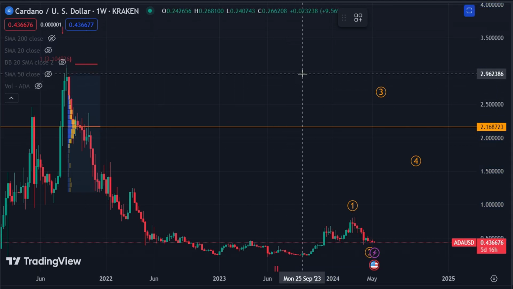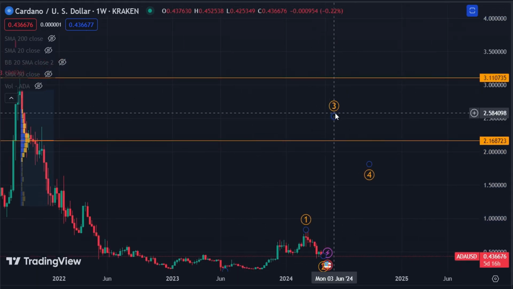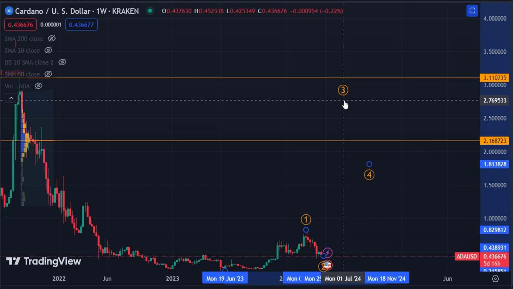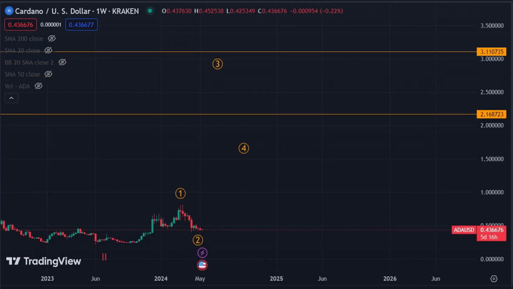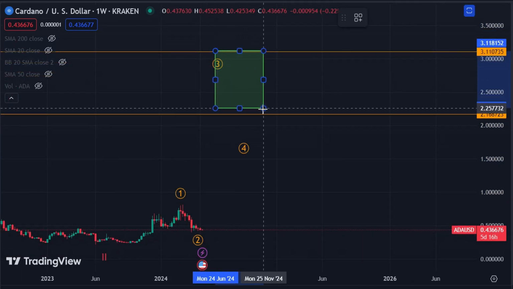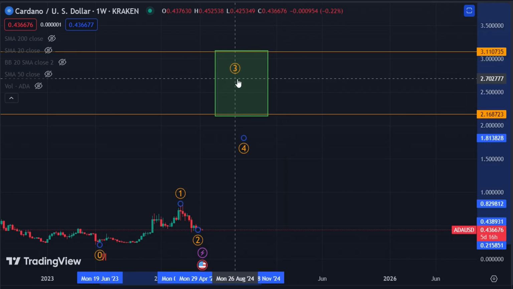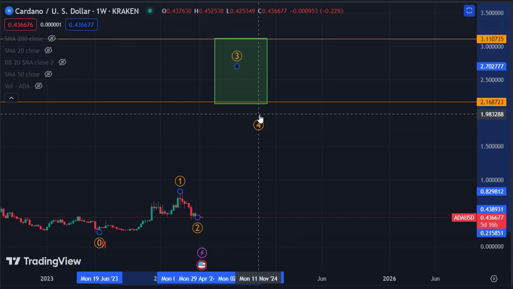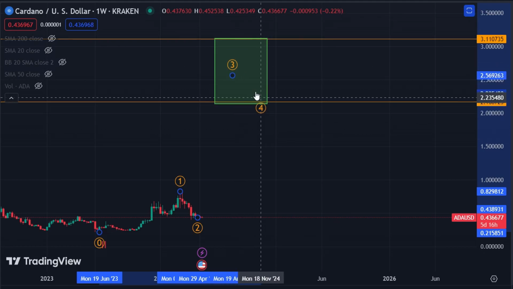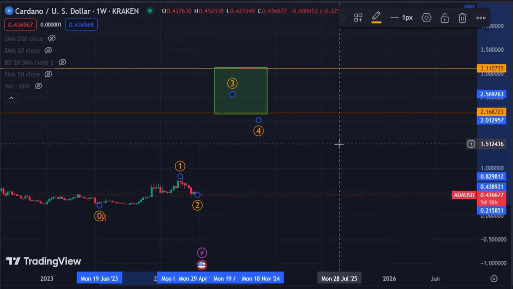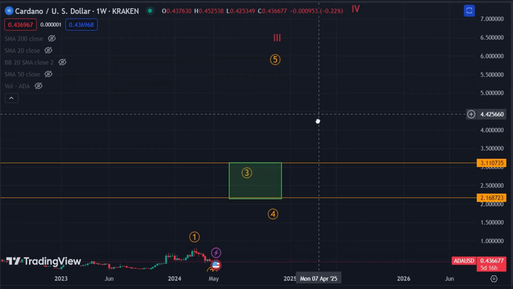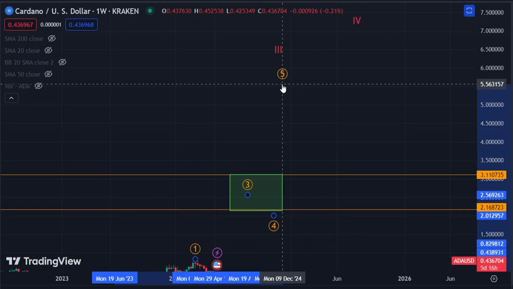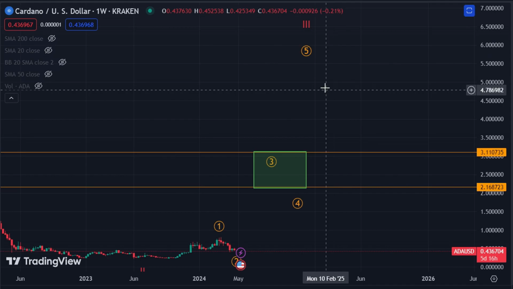So somewhere in this region is where this third wave could land. And then we're gonna get a wave 4 pullback, which could be a pretty shallow and quick pullback before then finishing off this bull run.